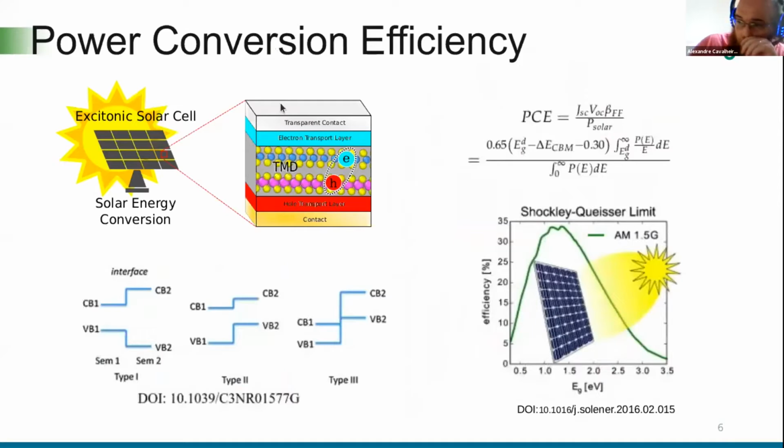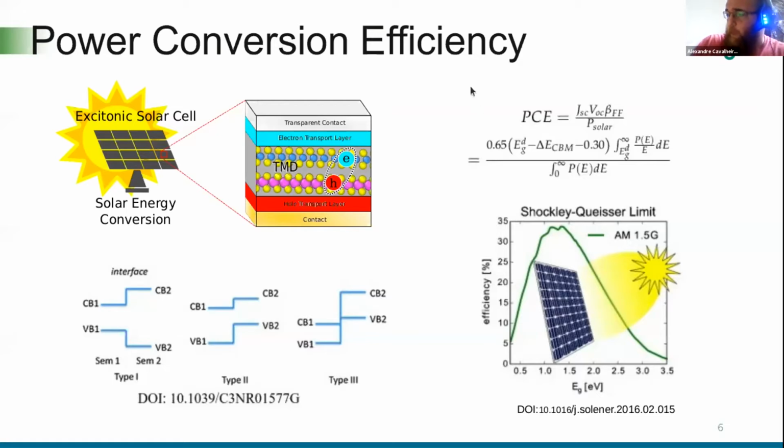For the power conversion efficiency, in this work we use a very simple model. We have something more sophisticated later, of course, but sometimes the simple is the best. You can have a description that solves our problem. The main idea here is to use a TMD type 2 heterojunction as a photoabsorber component of our solar cell.